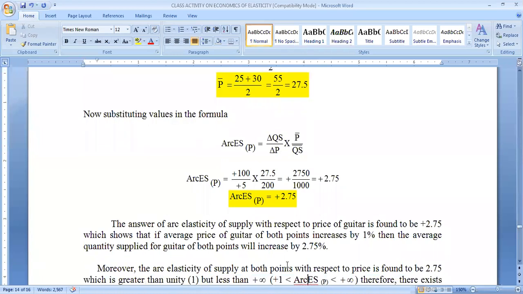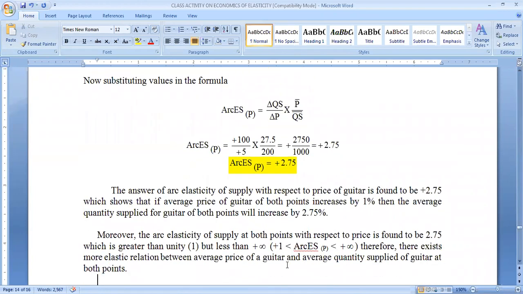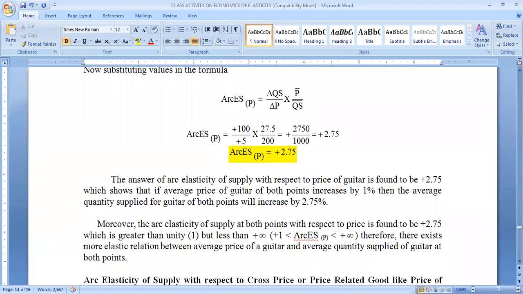Moreover, the arc elasticity of supply at both points with respect to price is found to be plus 2.75, which is greater than unity but less than plus infinity. Therefore, there exists a more elastic relation between average price of guitar and average quantity supplied of guitar at both points. Up till here, we have answered all the 9 questions.